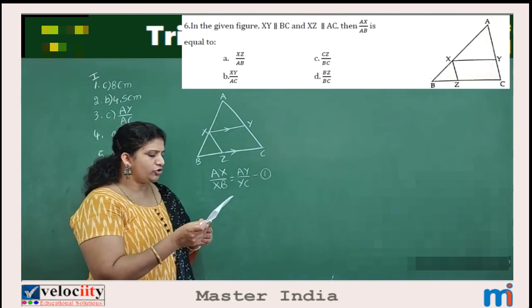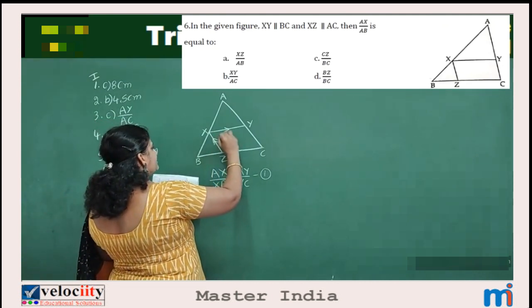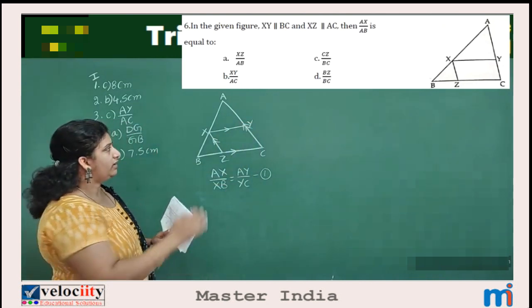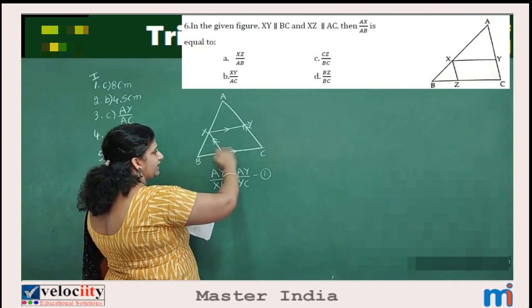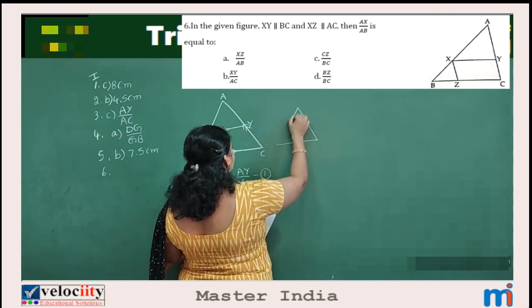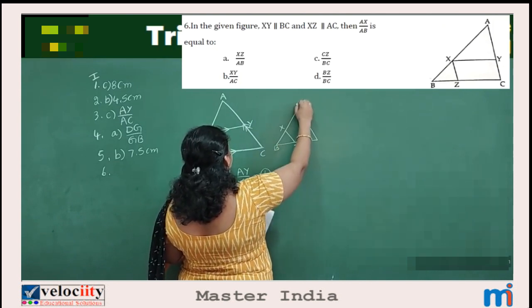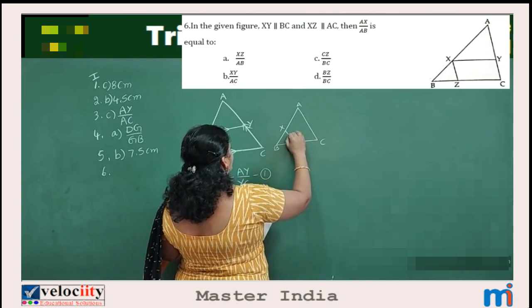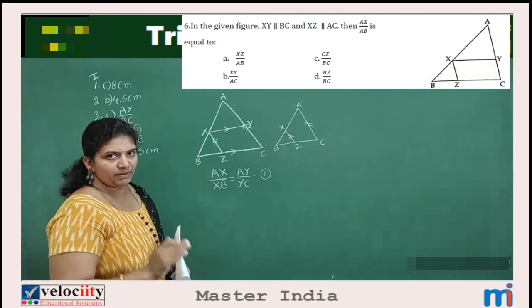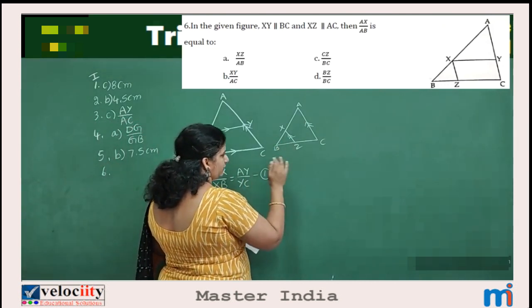Now the next point I am going to read here. XZ parallel to AC. Again, you can observe this triangle, or let me draw this separately here: Z, X, A, C. If these two lines are parallel, by basic proportionality theorem, I can equate the ratios in proportion.